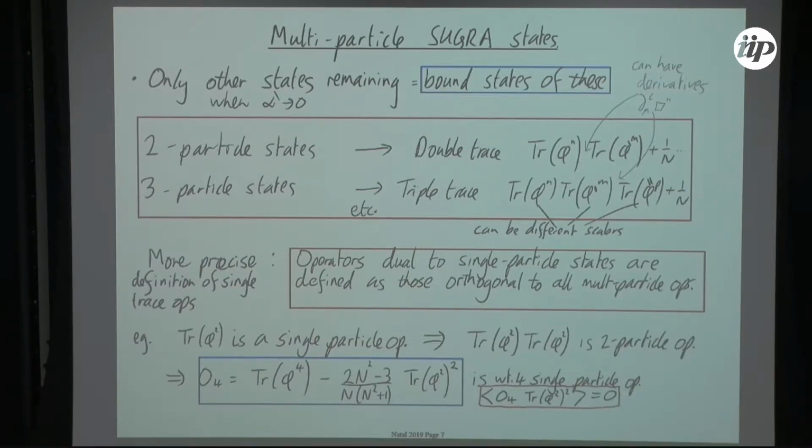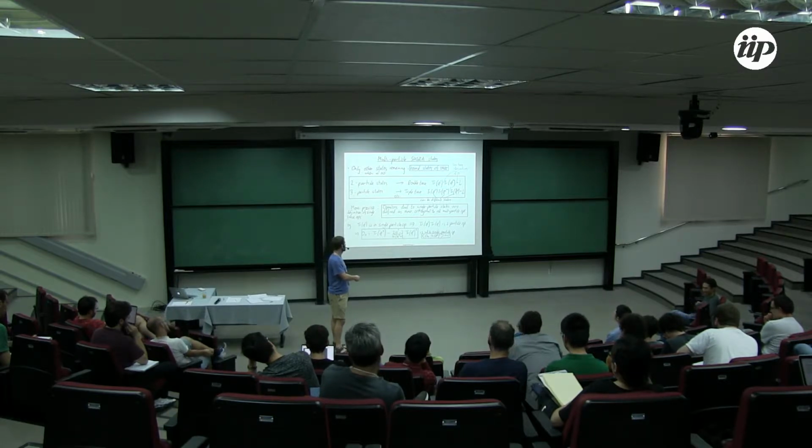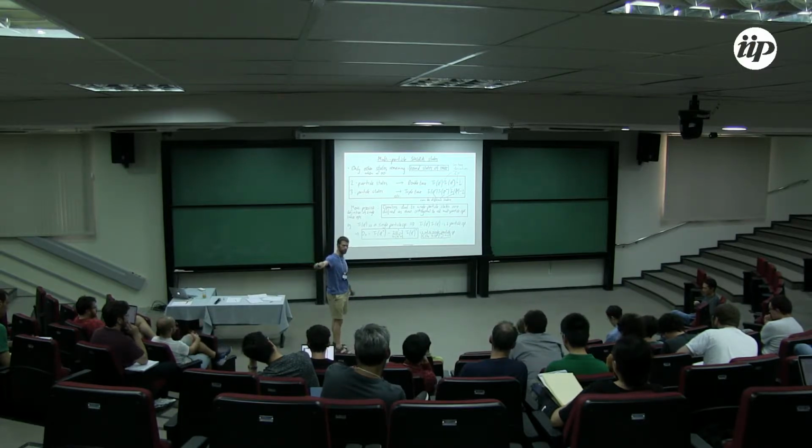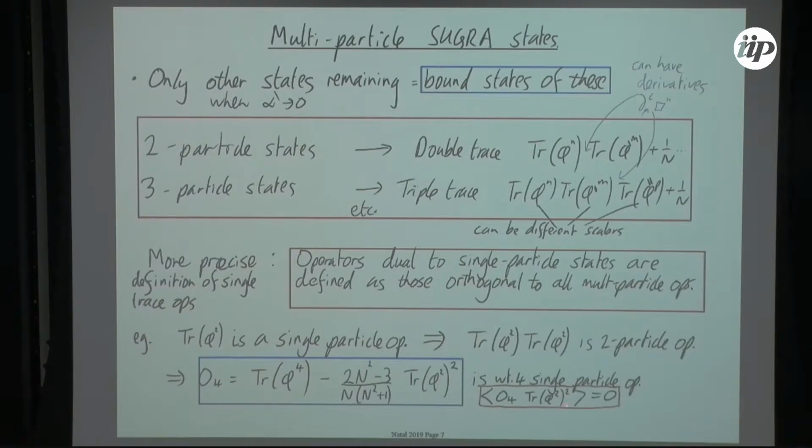They have orthogonal 2-point functions in the UN theory, by the way, which should be just rotated versions of these. But we're making a stronger statement. We're saying that a single particle operator should be defined to be orthogonal to all higher trace operators. So this guy, we say, is special. Trace phi squared should stay as it is.